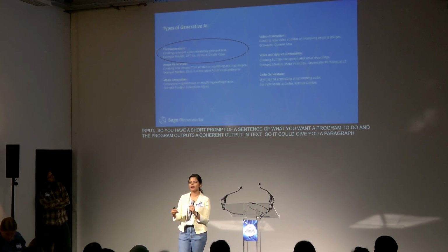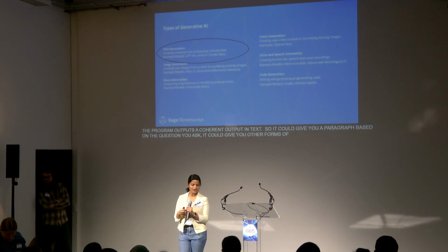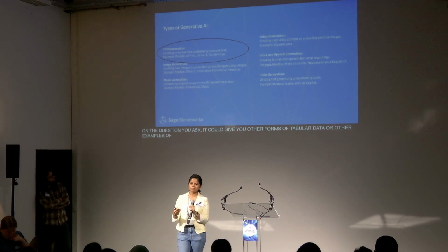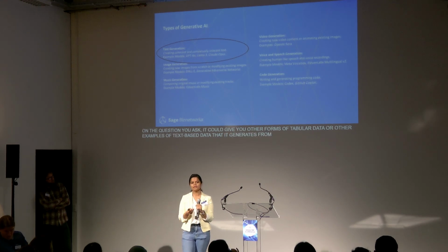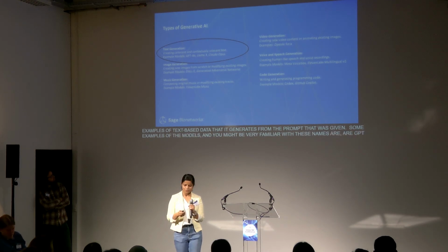It could give you other forms of tabular data or other examples of text-based data that it generates from the prompt that was given. Some examples of the models, and you might be very familiar with these names already, are GPT-4o, Llama 3, Claude, and so on.